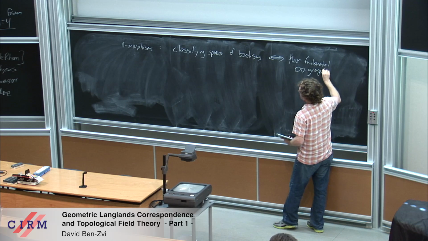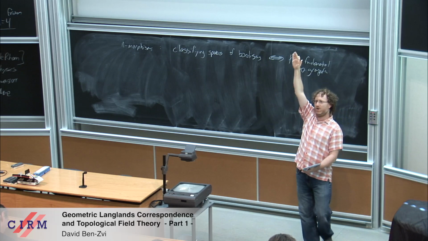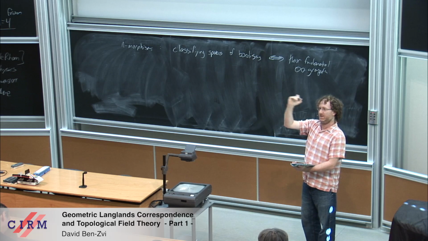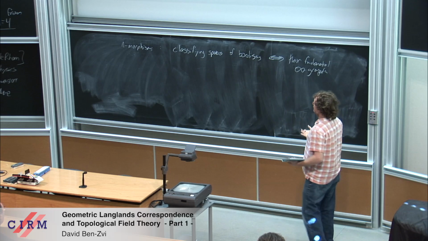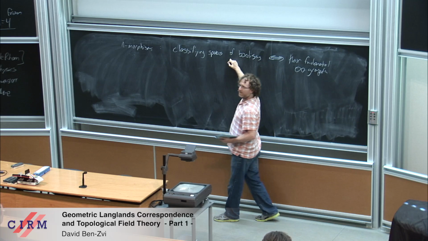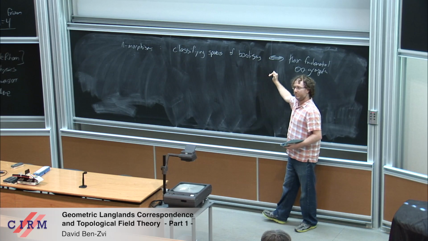So infinity n category means I have morphisms going all the way up. I have morphisms for every degree, but everything above degree n is going to be just invertible. So one way to summarize that is to say that in degree n morphisms, rather than having a set of morphisms, I have a space of morphisms, a homotopy type of morphisms.